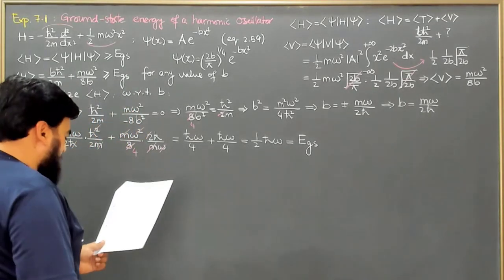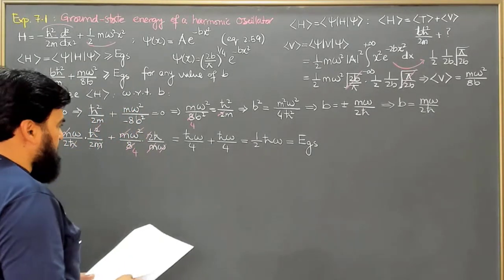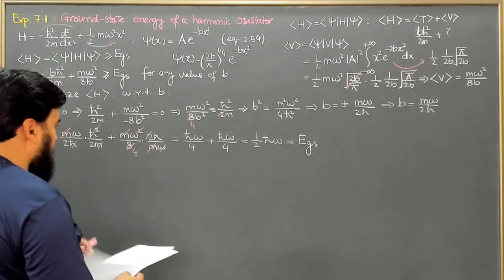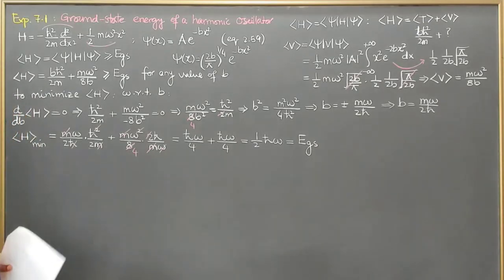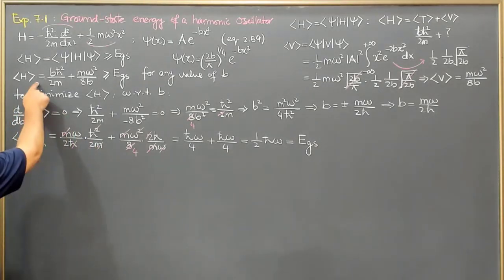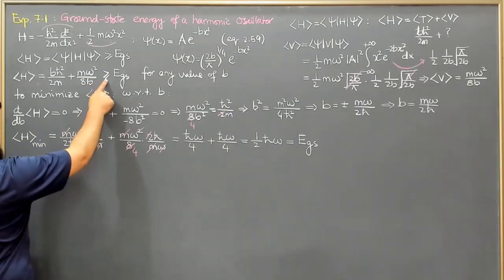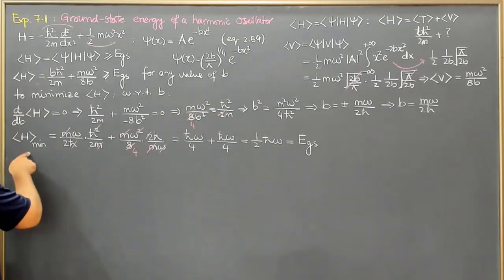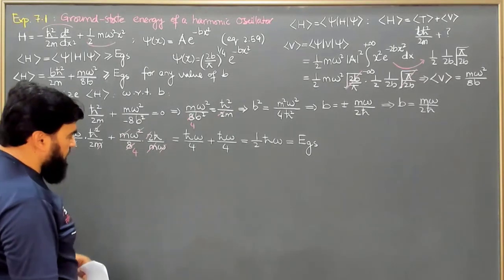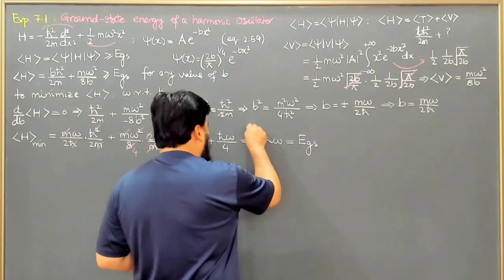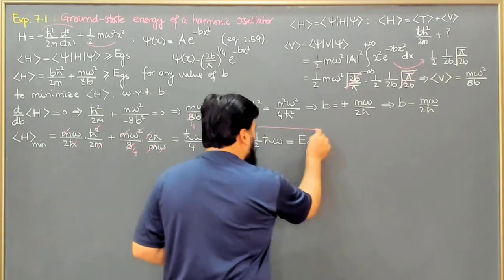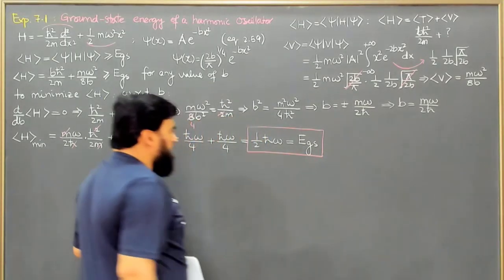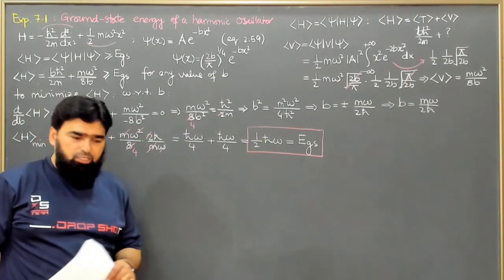And this is the power of the variational principle: H earlier may be equal to or greater than this one, but when we minimize it, we came to the conclusion that the energy has come out to be exactly the ground state energy of a harmonic oscillator.